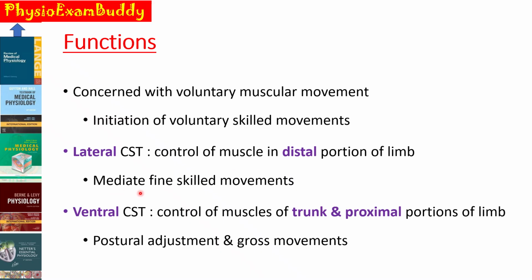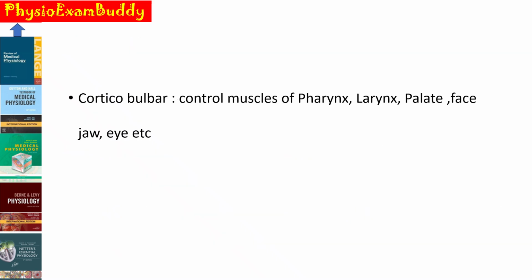So this mainly mediates fine skilled movements, whereas the ventral or the anterior corticospinal tract controls mainly the muscles of the trunk as well as the proximal portions of the limb, that is axial muscles are controlled by the ventral corticospinal tract. So it mainly helps in the postural adjustment as well as the gross movements.